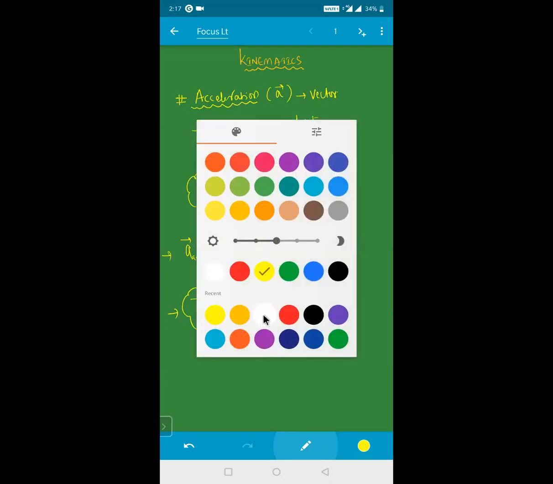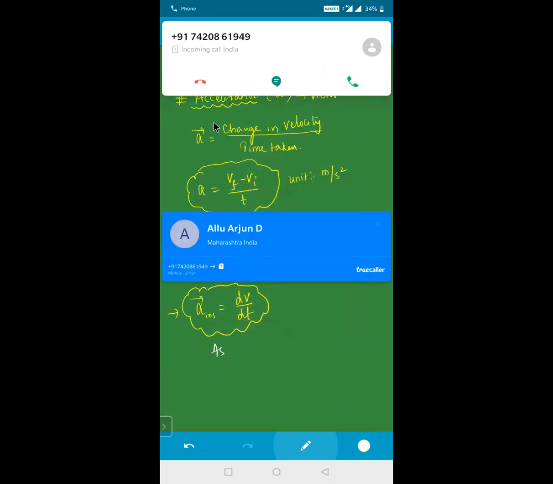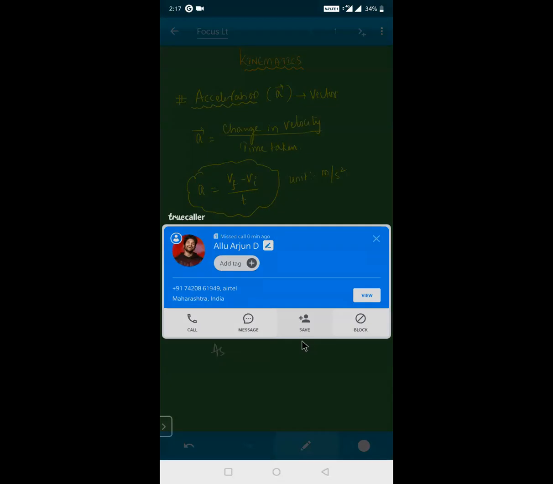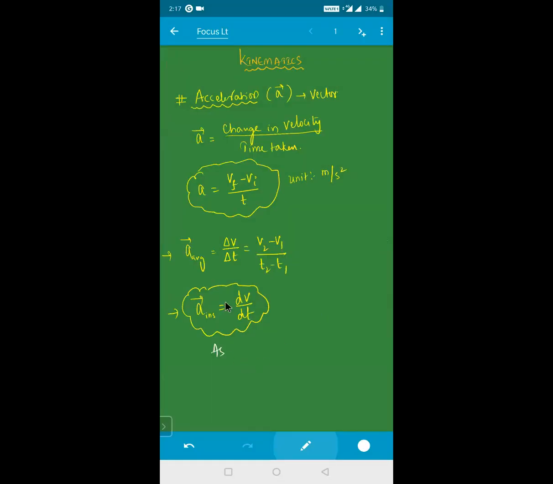We already know that velocity is equal to what, beta? dx by dt.